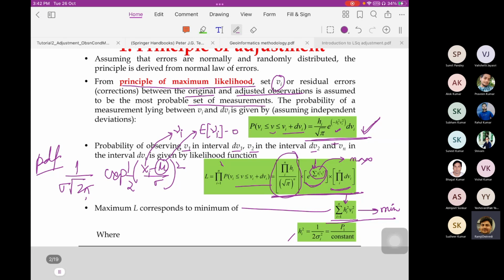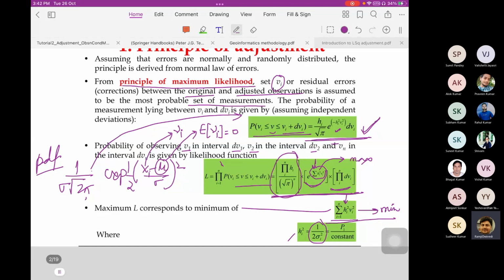They should be zero. The mean should be zero. They should not have any values. You want them to be flushed out of the system. That's why their mean value should be zero. And h is nothing but 1 upon 2 sigma i square.